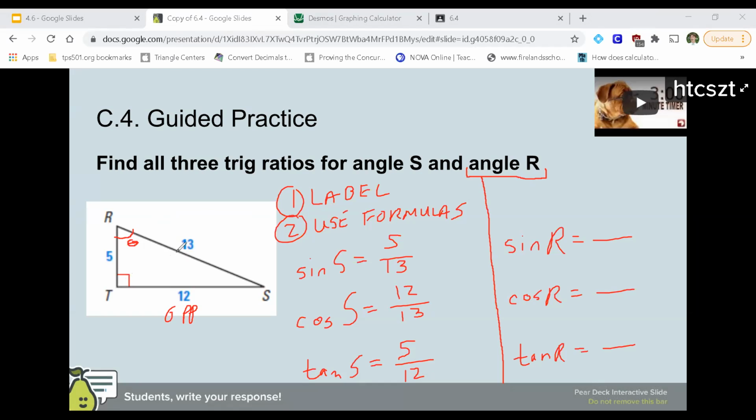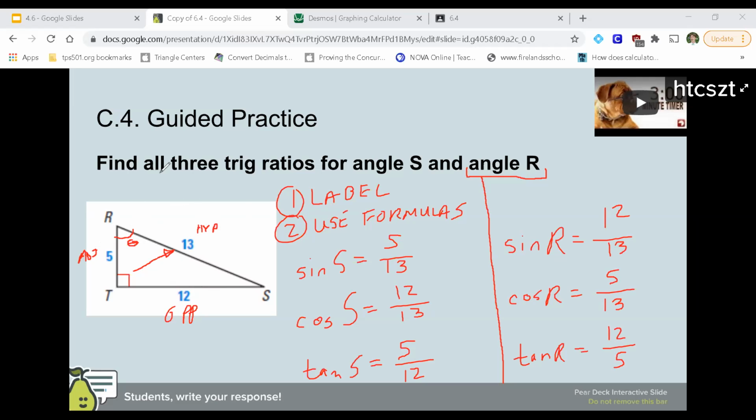Not quite. 13, since it's opposite the 90-degree angle, which means 5 has to be our adjacent. So if we plug in, sine is opposite over hypotenuse, so it'll be 12 over 13. Cosine is adjacent over hypotenuse, so it'll be 5 over 13. And tangent is opposite over adjacent, so it'll be 12 over 5.